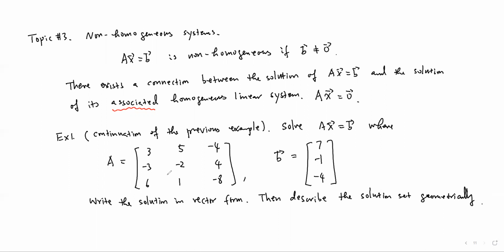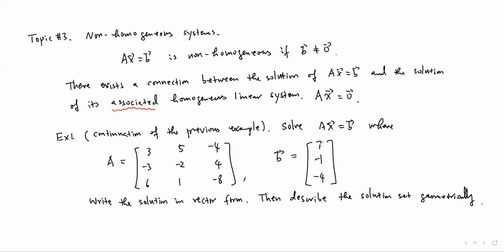Now let me answer the first question. Solve the linear system. Then the augmented matrix. Solution: the coefficient matrix together with the right side is the augmented matrix.